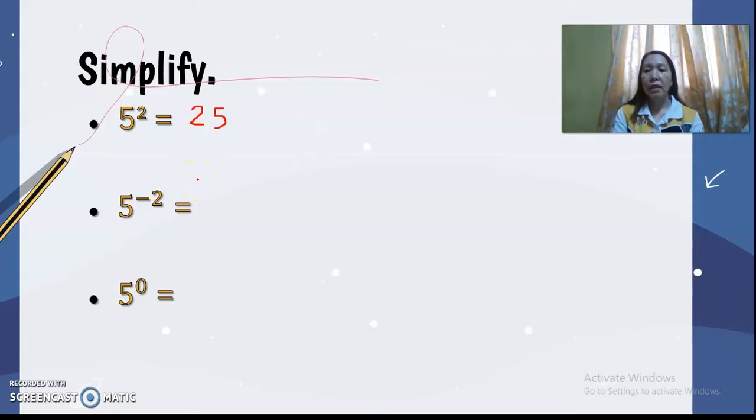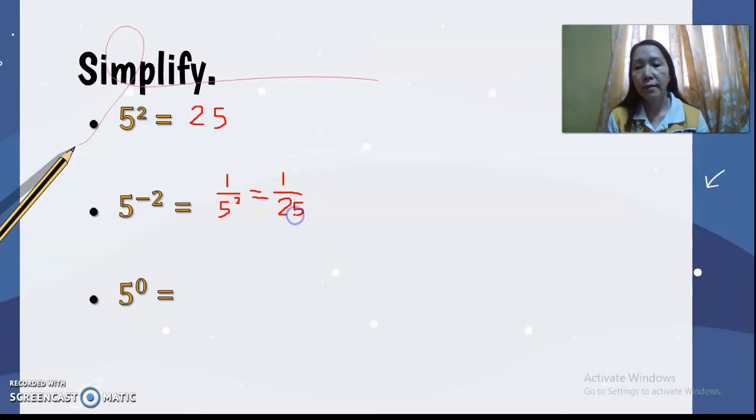We learned that if the exponent is negative, we write 1 in the numerator and drop the number, provided the exponent now becomes positive. Then let us simplify. We write 1 over 5 raised to 2, so that is 1 over 25.